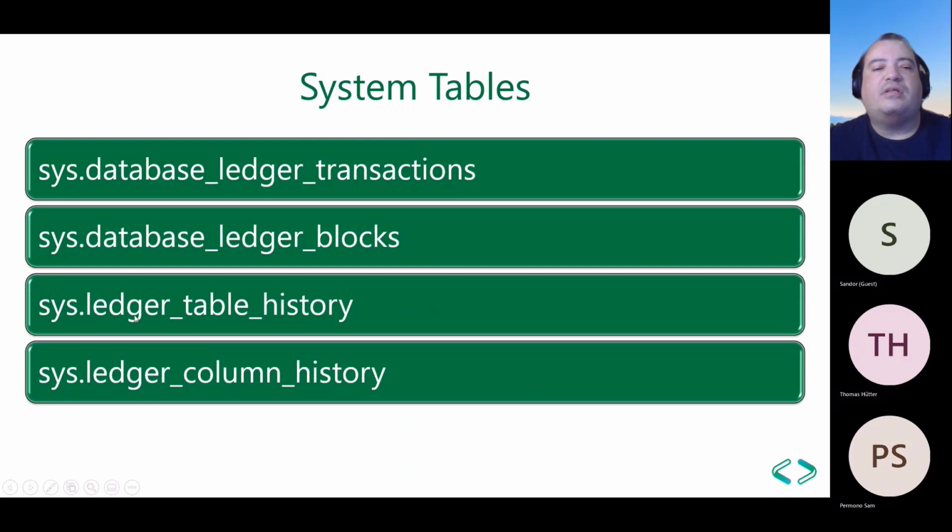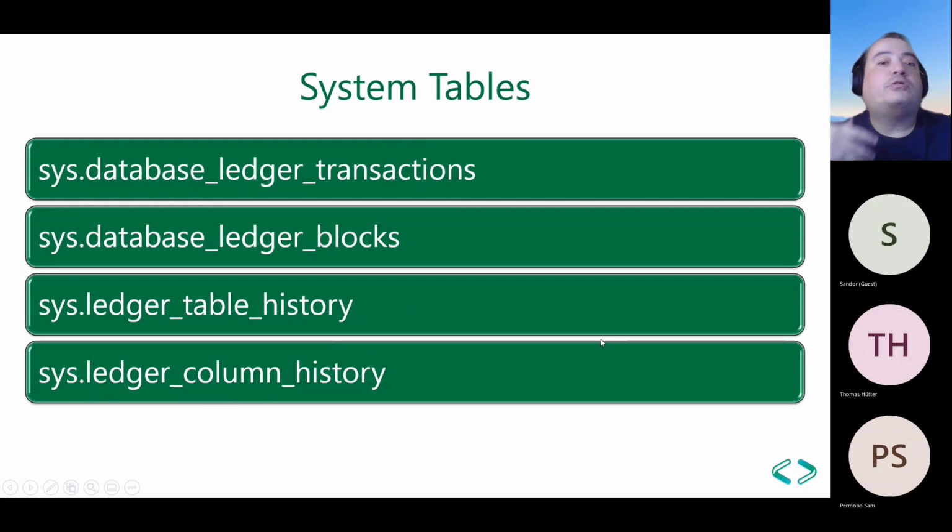Then we have sys.ledger_table_history and sys.ledger_column_history. What do these tables hold? These tables hold schema information about the tables and the columns. The action to create the table is registered in sys.ledger_table_history. The action to create a column or to rename a column is kept in sys.ledger_column_history.